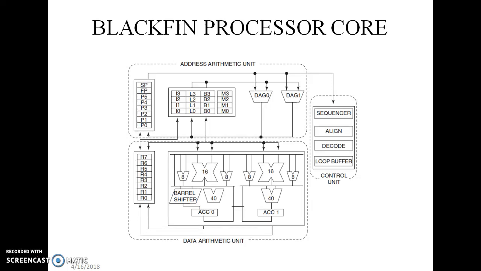The data stored in various registers and accumulators is manipulated using the multiply accumulate unit, with multiplication and accumulate operations. This is the significance of this processor. The barrel shifter is for shifting purposes. Registers store the data, the corresponding address is located in the address arithmetic unit, and for both address and data arithmetic units, the control operation is done in the control unit.